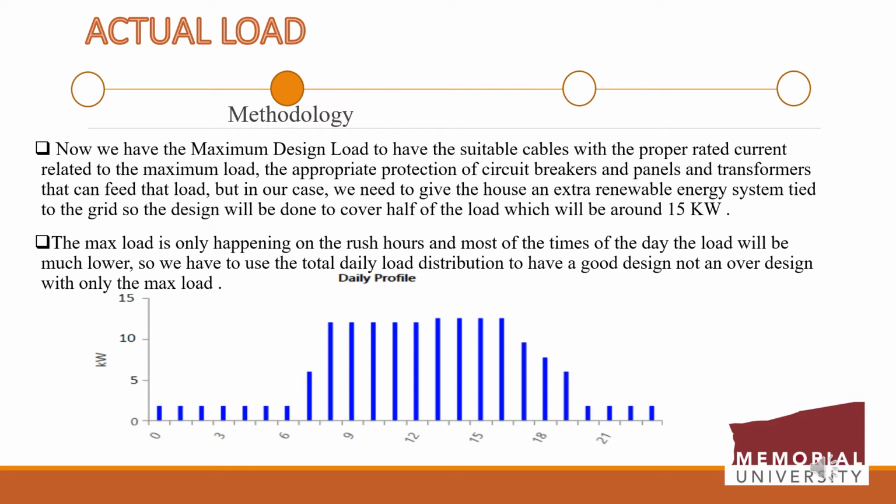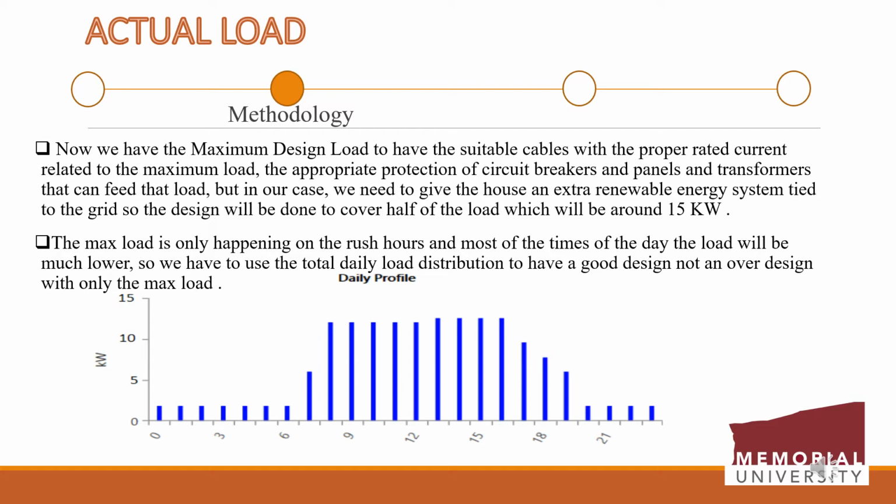Actual load. Now we have the maximum design load to select suitable cables with the proper rated current related to the maximum load, and the appropriate protection of circuit breakers and panel and transformer that can fit the load. But in our case, we need to give the house an extra renewable energy system tied to the grid.